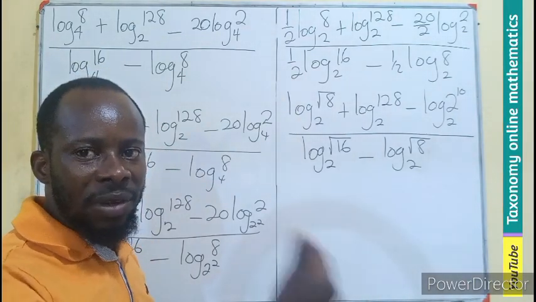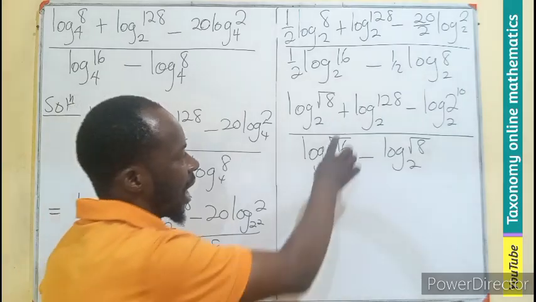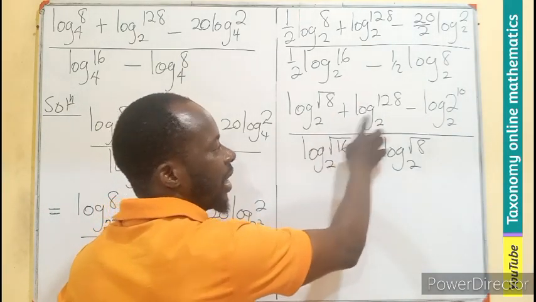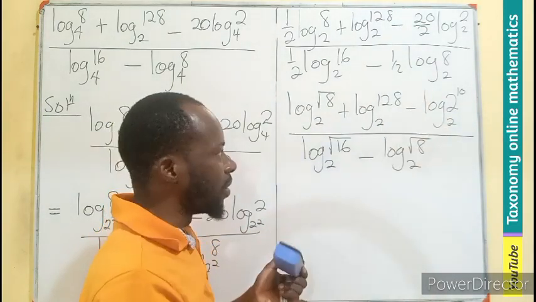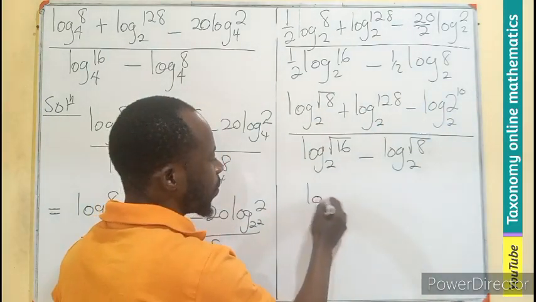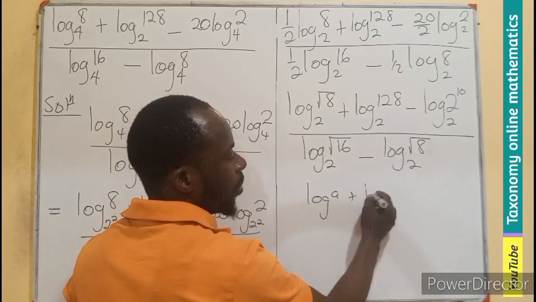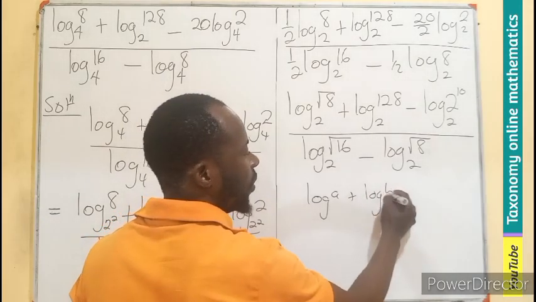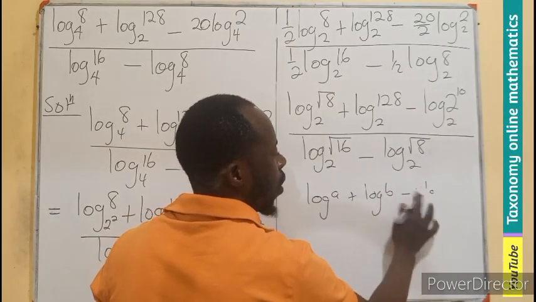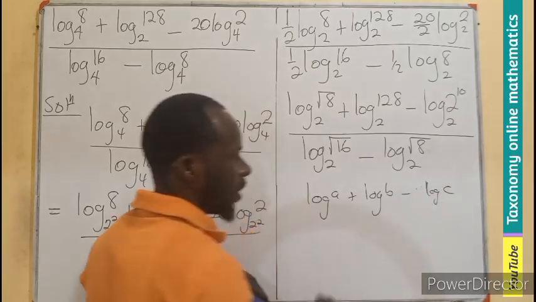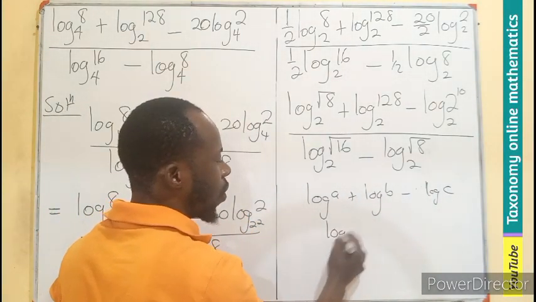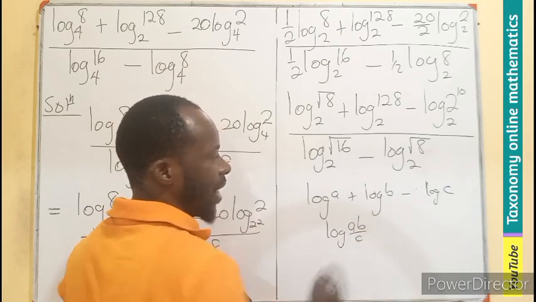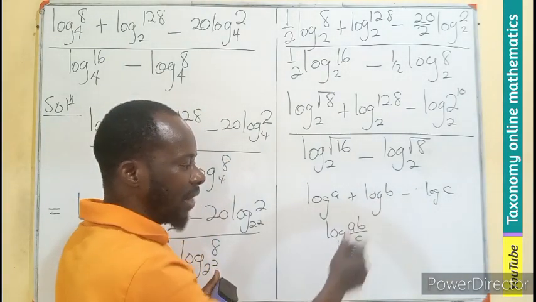Let's employ the principles of multiplication. As I'm adding, I multiply. As I'm subtracting the values, I will perform division. Meaning if I have log of a plus log of b minus the log of c, if they are all in the same base, the argument is multiplied as log of a times b divided by c, since they are all in the same base.